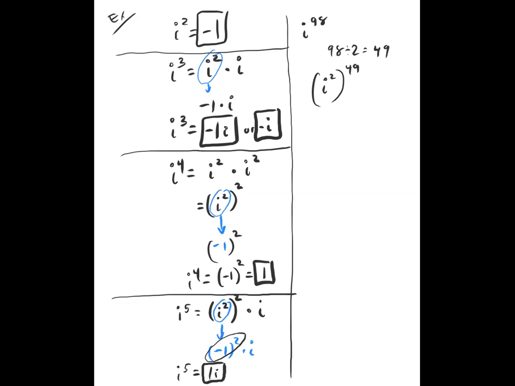Because i to the power of 2 equals a negative 1. Then all you have is negative 1 to the power of 49. You can put that in your calculator, but you should also understand that if the exponent is odd, the answer is just negative 1.